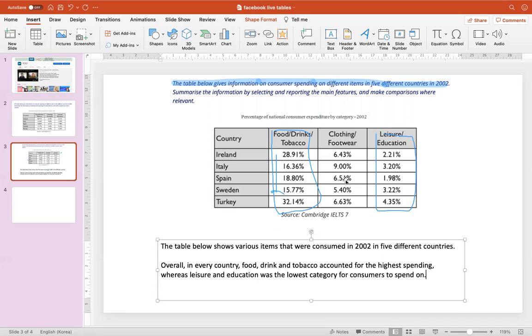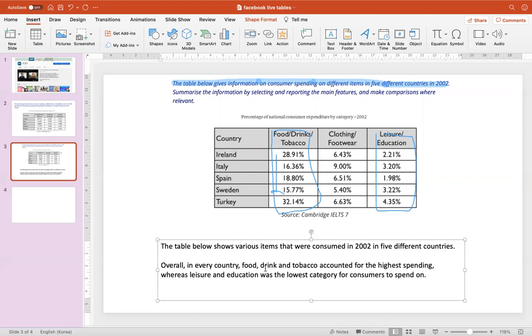If you need a higher word count, you could include that clothing and footwear was the middle category that people spent their money on, but I think it's not necessary. So I think we can leave it there for the overview.